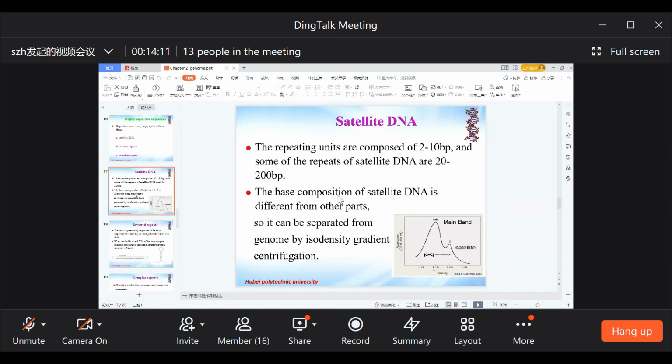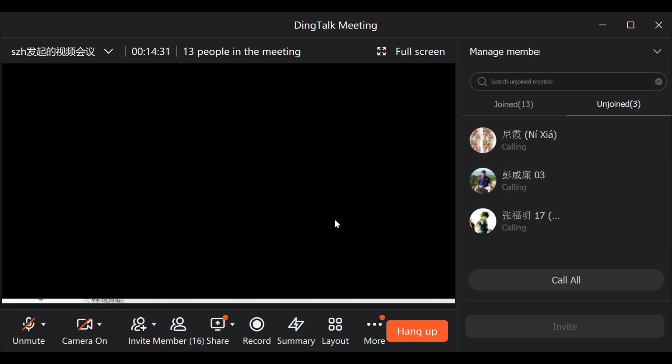So the same as satellite. All the time you can see this kind of sequence, the guanine and cytosine content may be high.